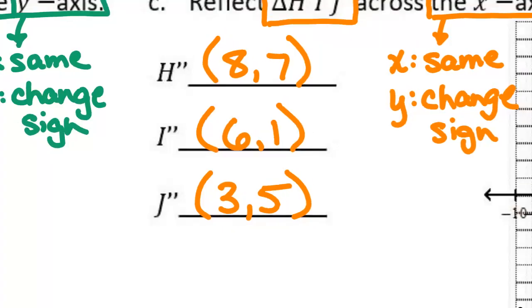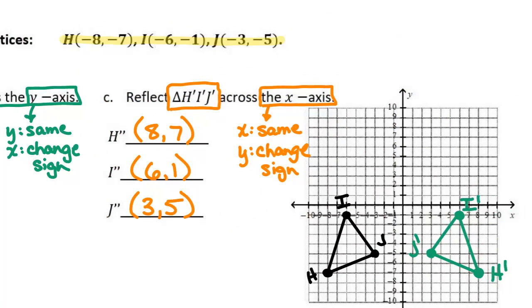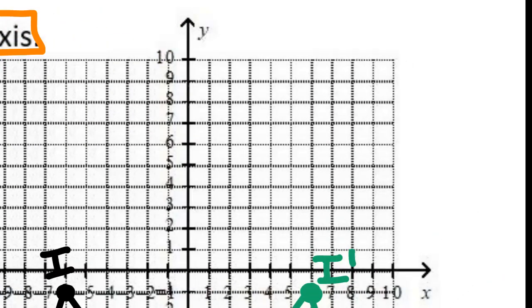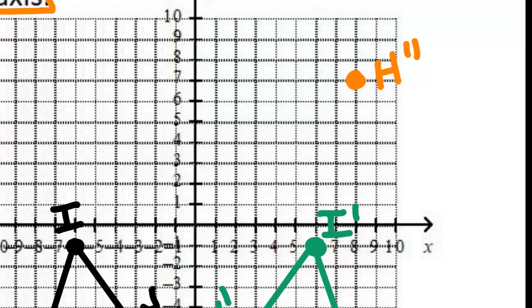So let's go plot those points then. 8, 7 right here for H double prime. 6, 1 right here for I double prime.